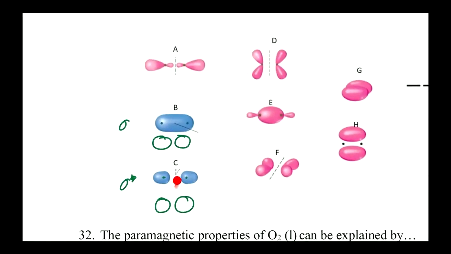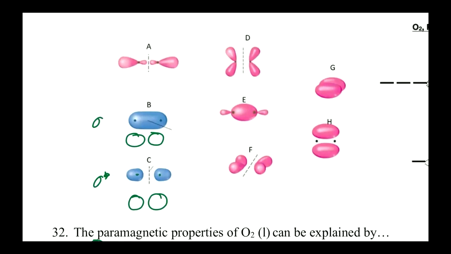We want something that puts electron density away from the atoms, but it has to be between p orbitals. So which one do we think it is? A, yeah, because if you squint real hard, and note, these are where the atom centers are, doesn't it look like two p orbitals are being combined? You can see the little nodes on the other side.